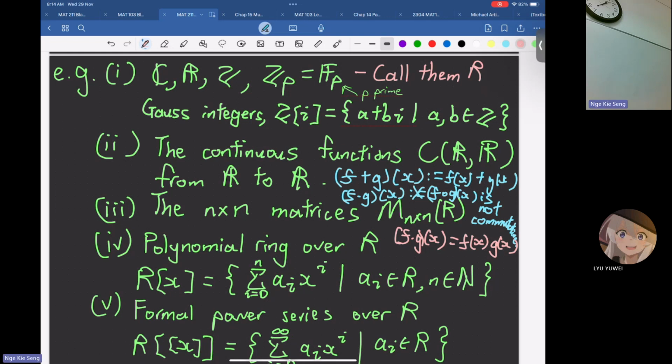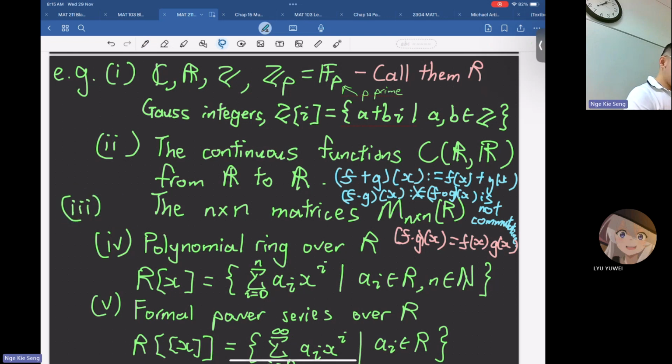Third, n by n matrices. Okay, n by n matrices also form a ring. How do they form a ring? Does it form a ring? Why is it not commutative?